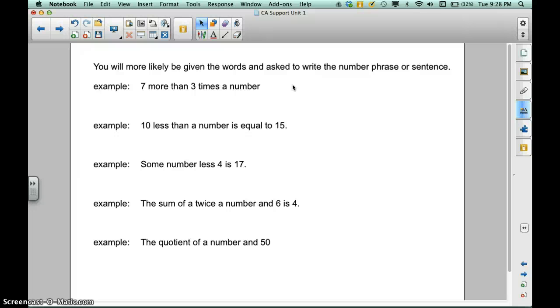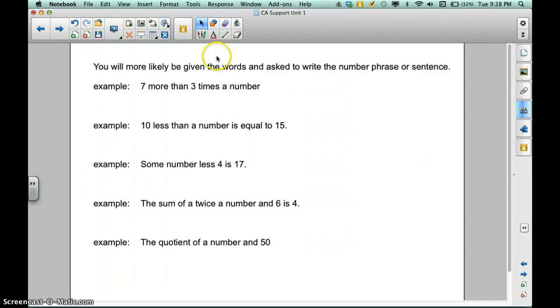One might be, if the problem is posed correctly, is there a period at the end of this word sentence? If there is, it's probably going to be an equation, a mathematical equation with an equal sign in it. That's the difference. A phrase would turn into a math expression. A real sentence will turn into an equation.